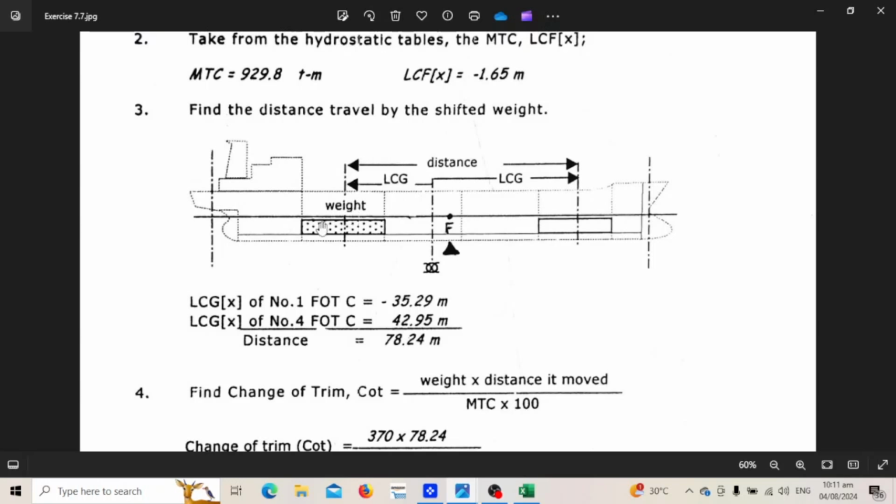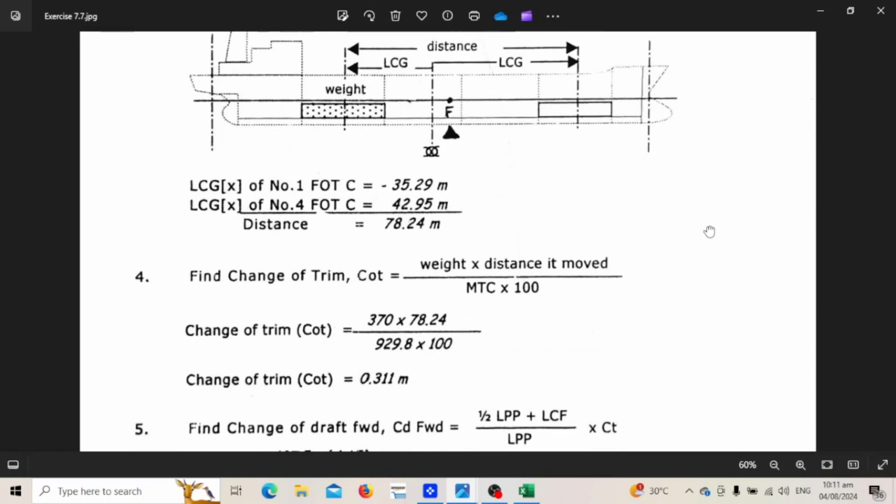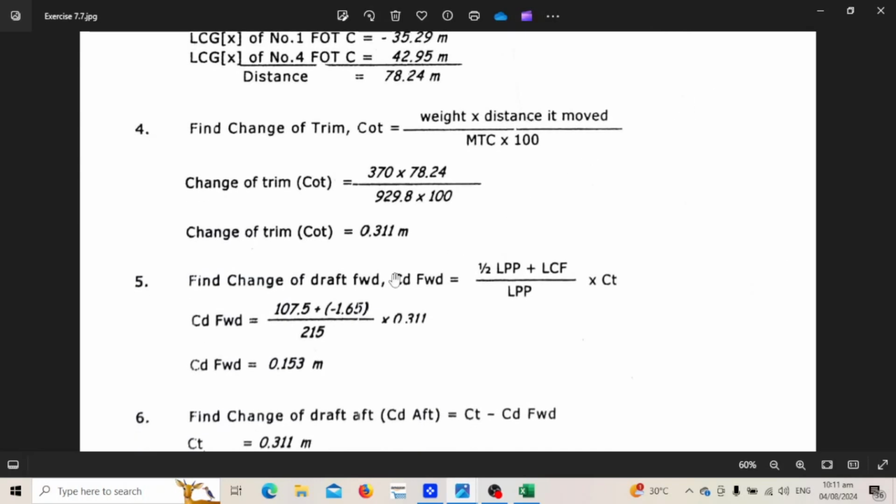So when you put weight here, this will sink down and this will go up because you have taken out the weight here. When you take out weight, this will rise. And when you put it here, this will sink. Okay, that's common sense. Okay, so your change of trim will be positive.